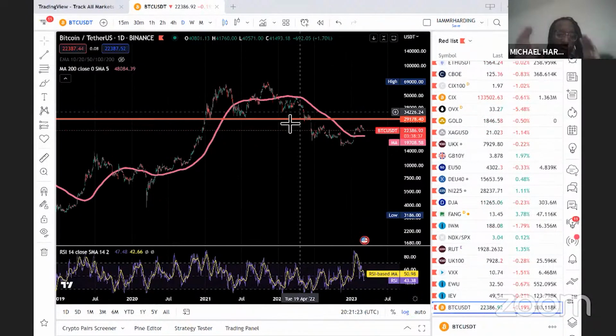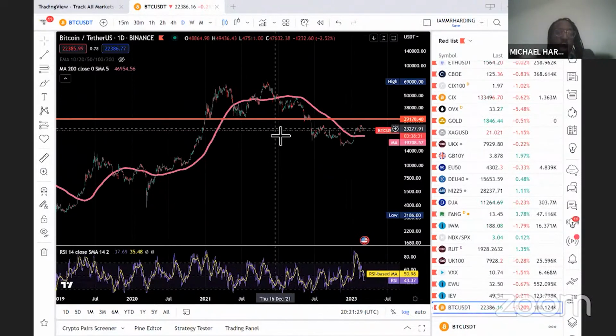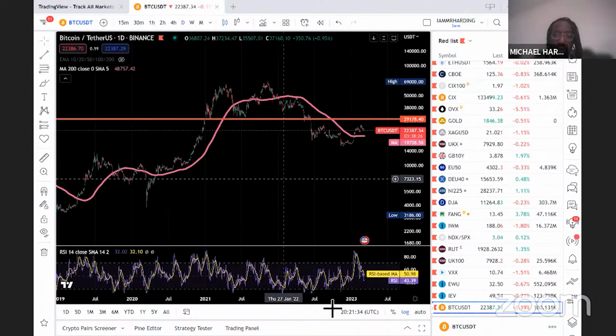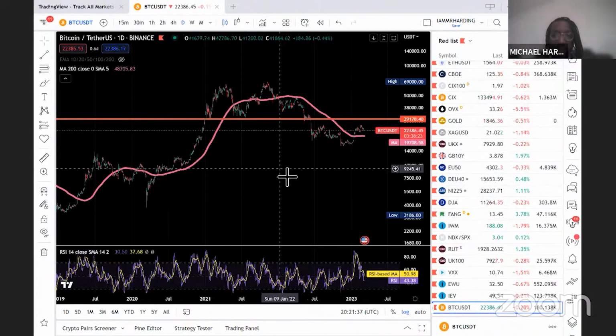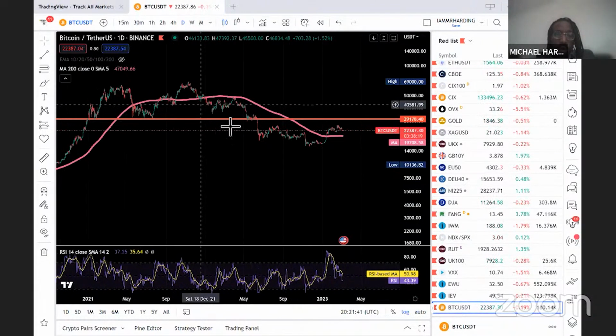But you'd have to do that over like a 5-10 year period. So go and do your research on the 200-day moving average dollar cost averaging, and go and look at those stats. So that's that first bit there on the 200 moving average on Bitcoin.